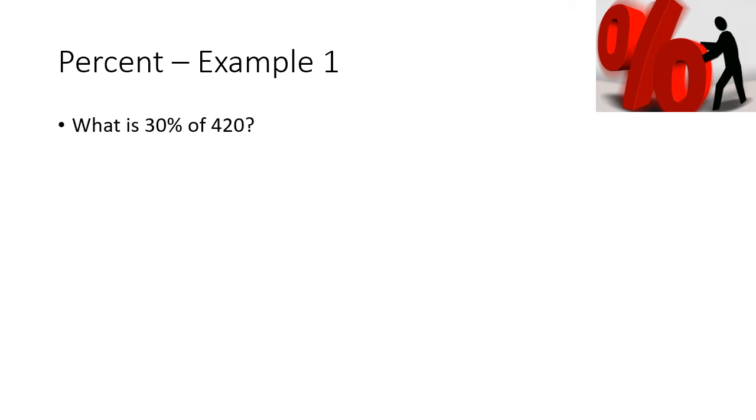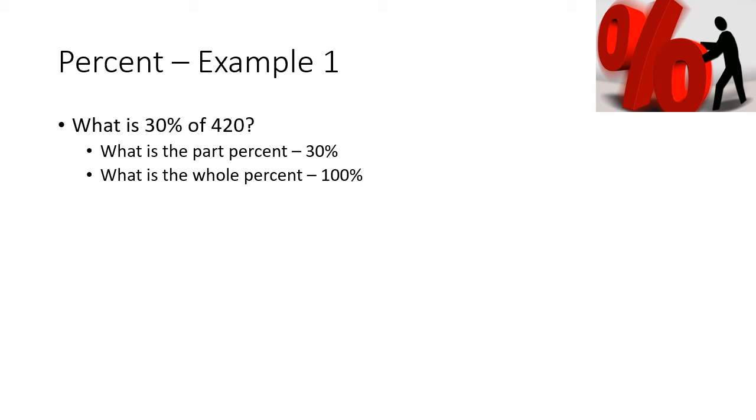Okay, example 1. What is 30% of 420? Okay, so let's use our formula here. The first part before you use the formula is to figure out what is the part and what is the whole. So the part of the percent would be 30%.